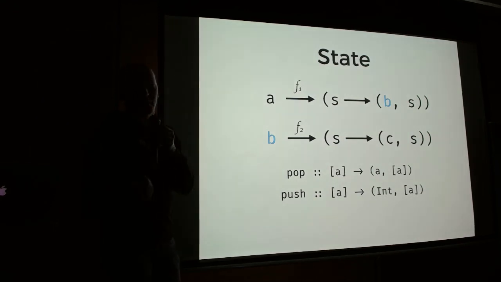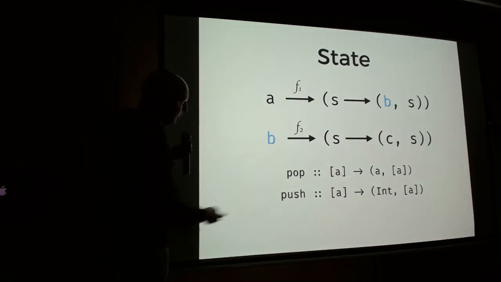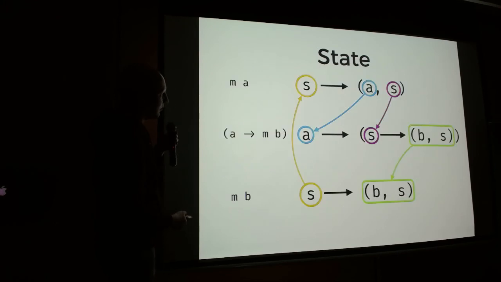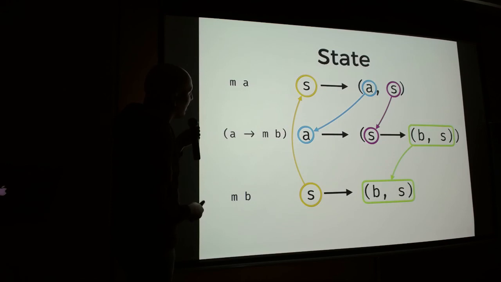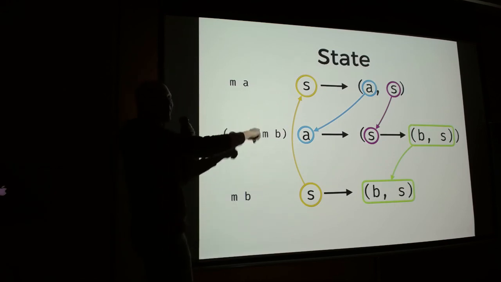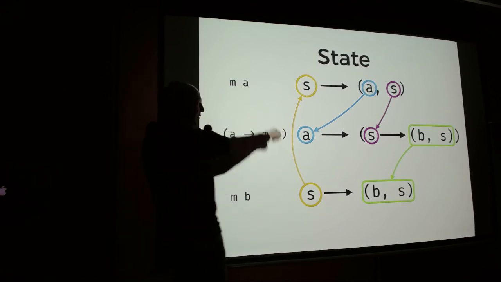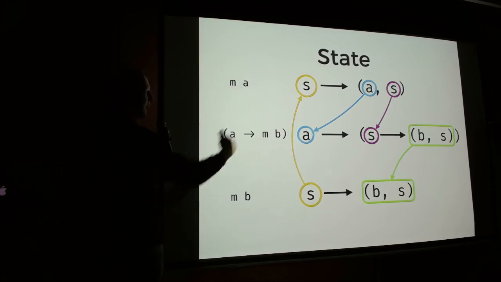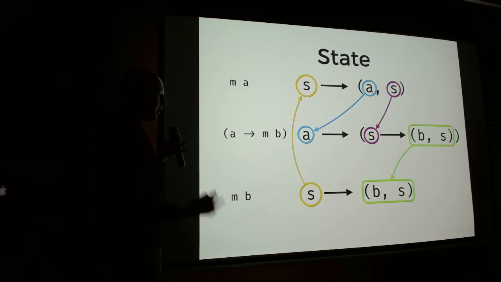Well, in JavaScript it works like that. So that's how it can be modeled. Those functions are monadic, and can be bound with a few colorful arrows that go from colorful circles. You can bind those state modifying functions together into one function.